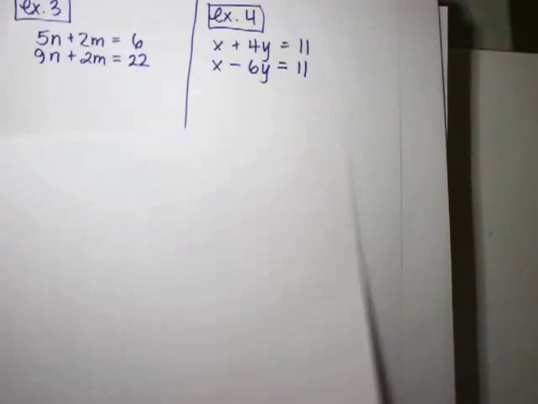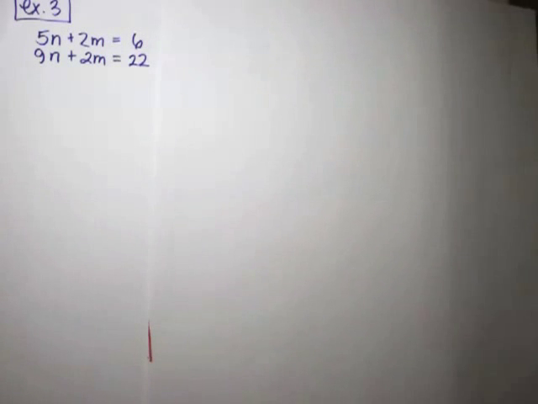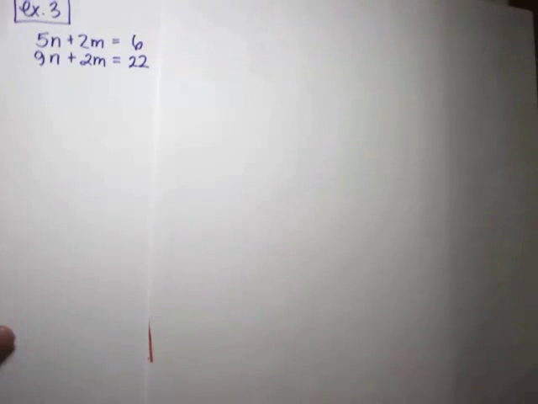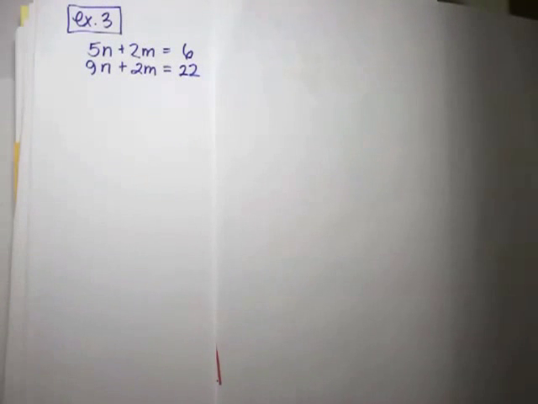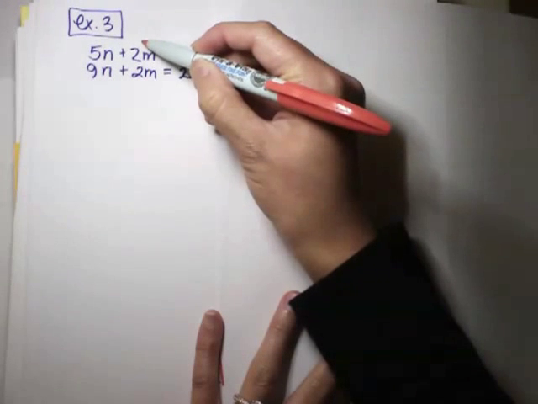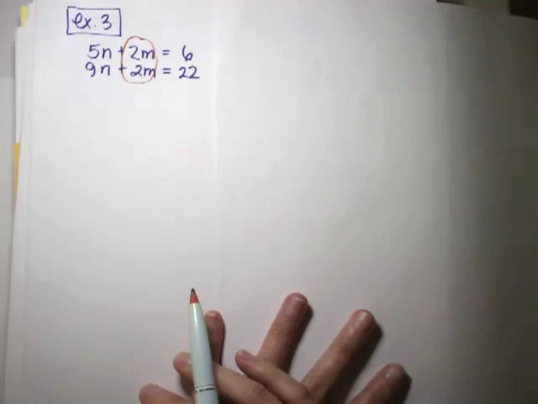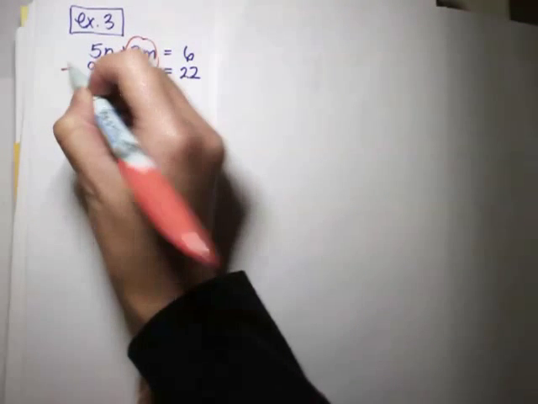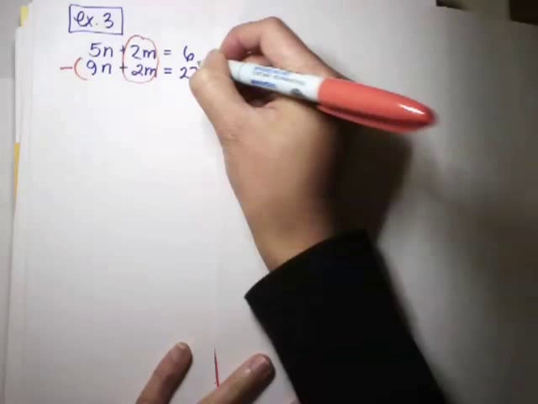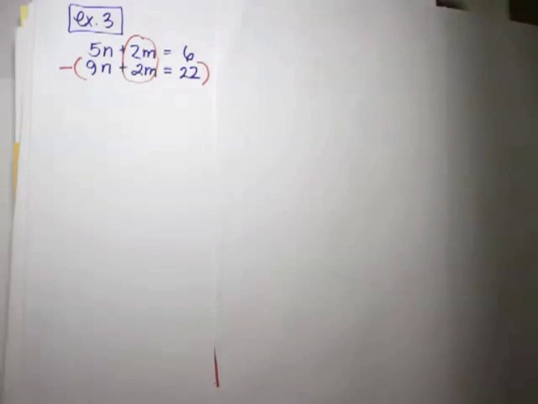Okay, so let's take a look at another example. In this case, we don't have additive inverses. We have two terms with coefficients that are the same. So in this case, we want to subtract. We are now subtracting this entire equation from the second one.